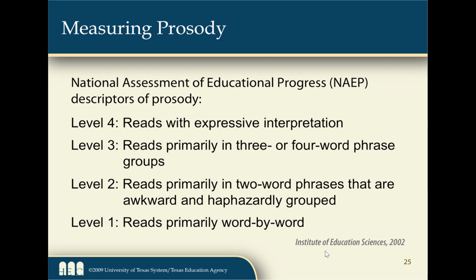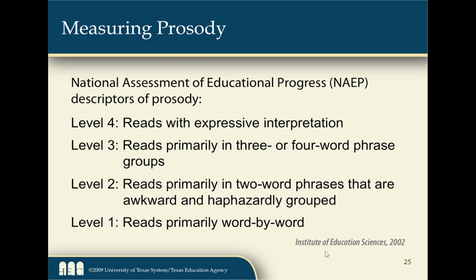I think of this as a kindergartner who is still pointing at each word in a sentence and recognizing that there is space between the words in a sentence. But also when we're talking about ELLs and teaching English to non-English speakers, we may have level 1 prosodic fluent readers because they're still working on building their English skills.